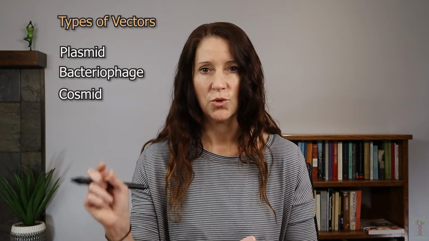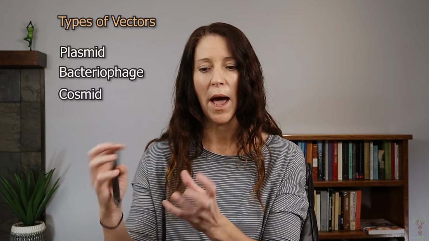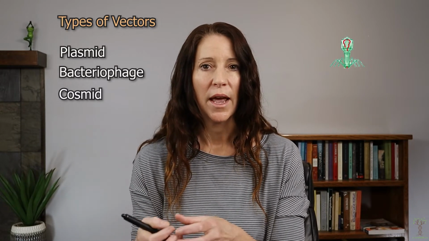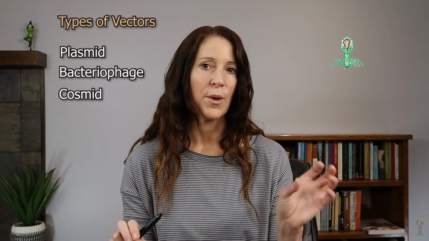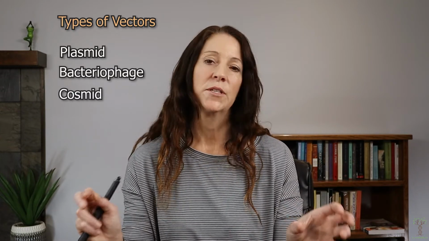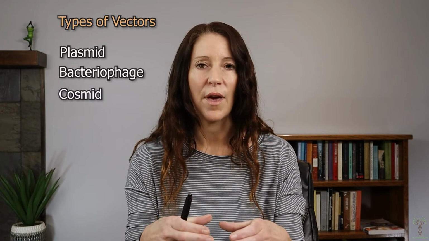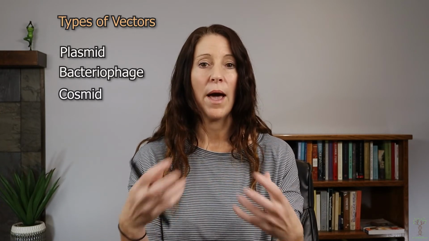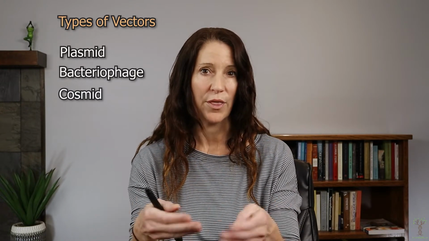Some phages will have what's called a COS site, and this part of the DNA helps to package virus particles. Then you can combine that virus feature with a plasmid, and then you have a cosmid. This means that you can actually put more DNA into that vector, and it will package into virus particles that can be used to infect other bacteria with that DNA.